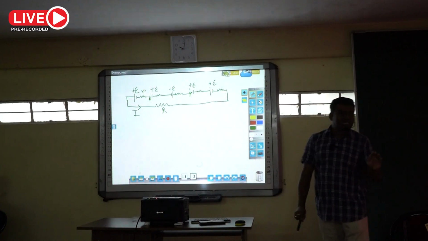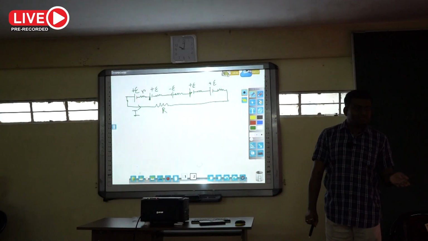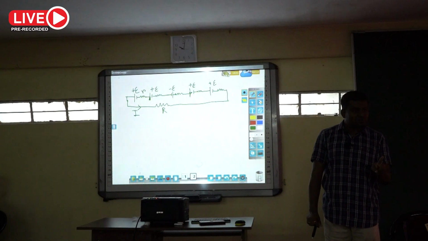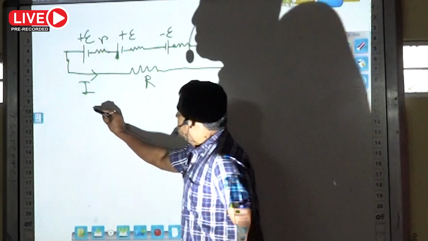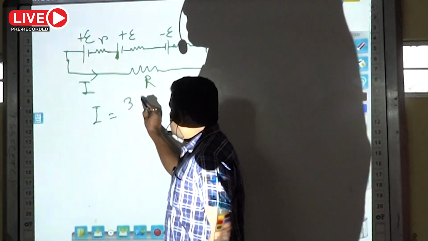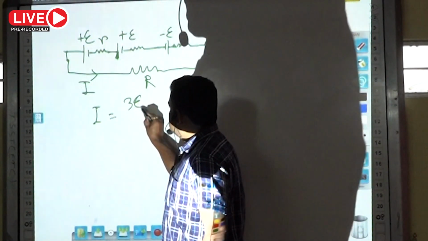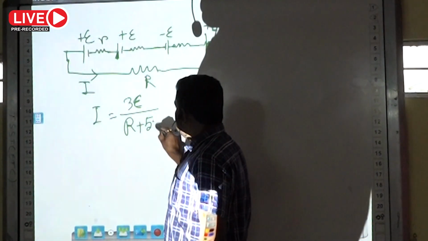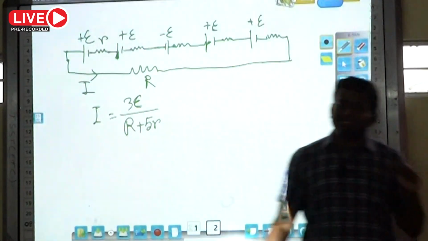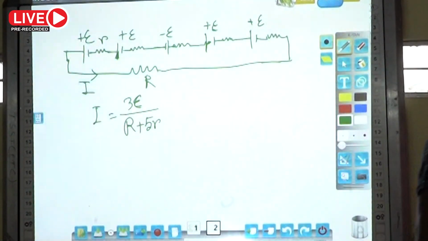Because this minus E will cancel 1 plus E. So plus minus that will produce 0. Remaining are 3 cells. So current will be 3E divided by R plus 5r. Now see, for the internal resistance, there is no polarity.